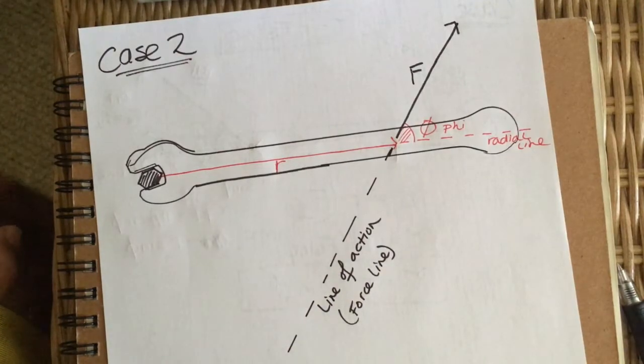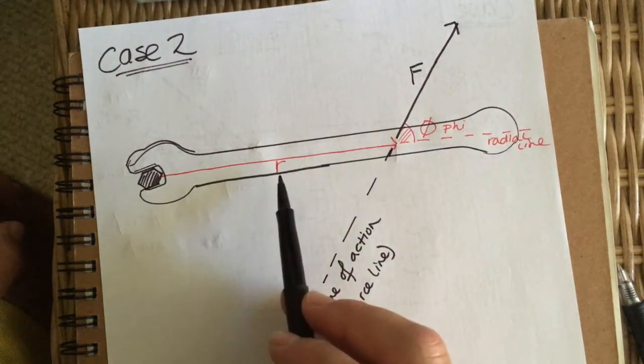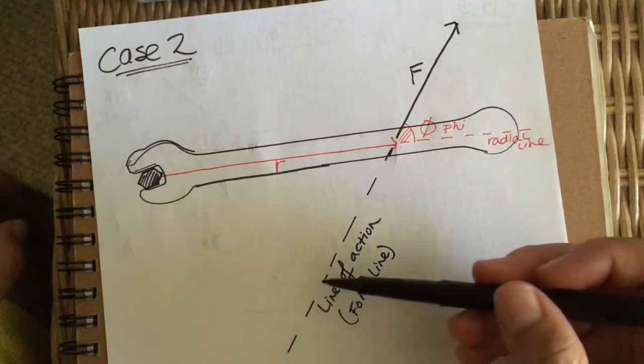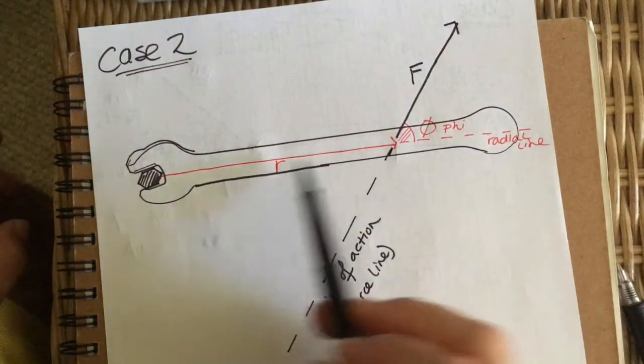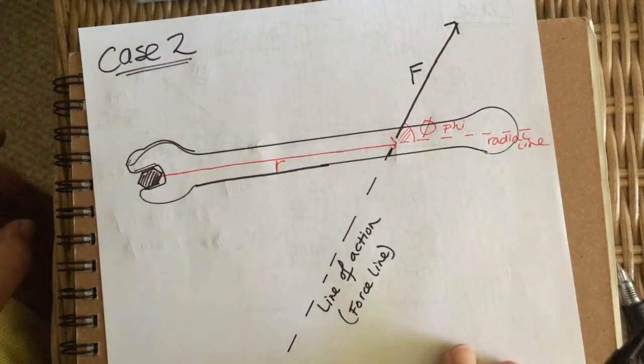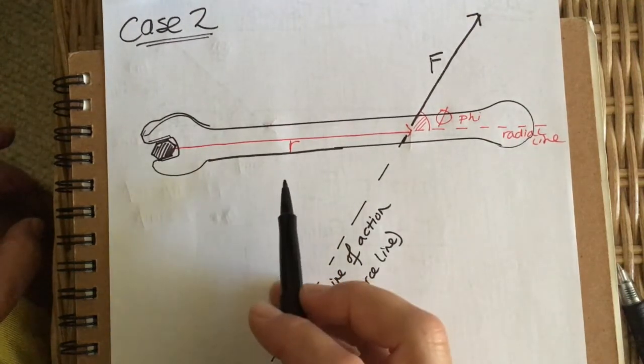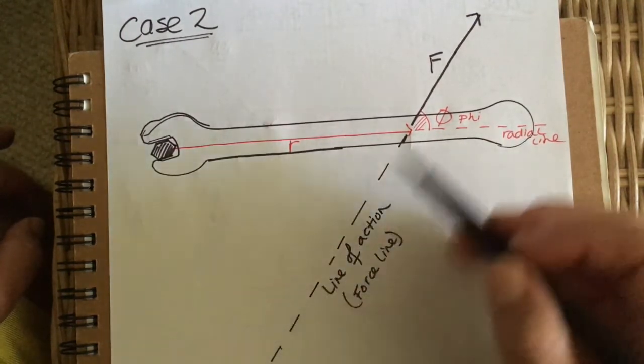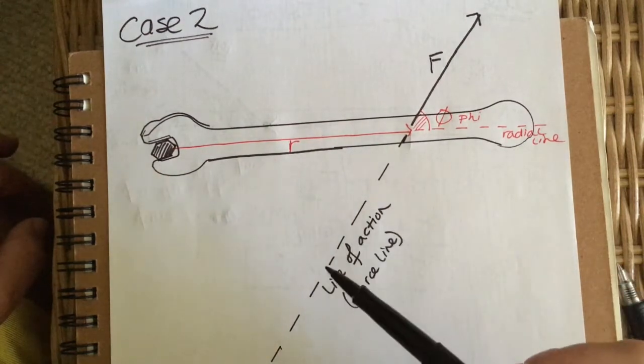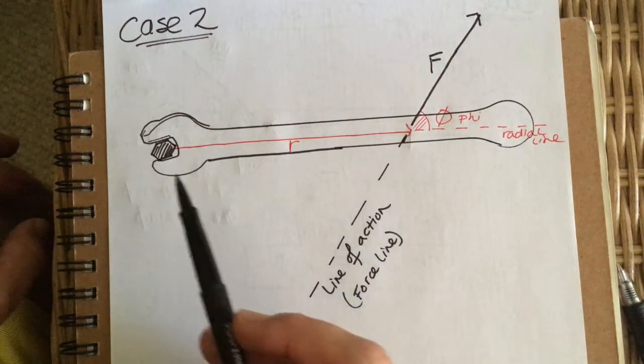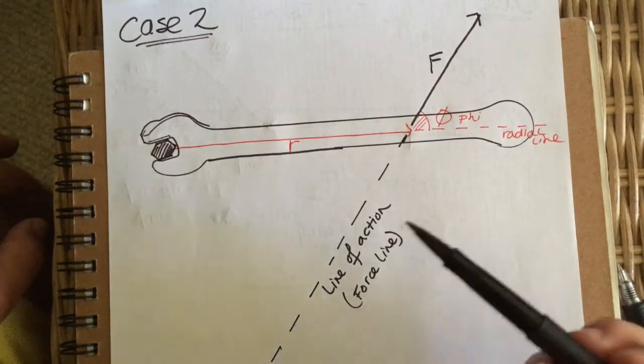And what we're going to do to find where R is perpendicular to this is look for a piece of R. This piece of R that's perpendicular to the force line is going to be called R perp.